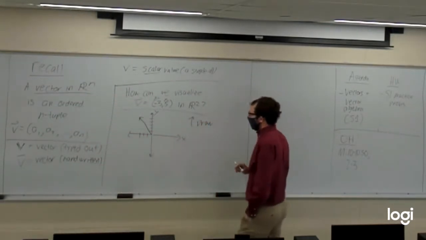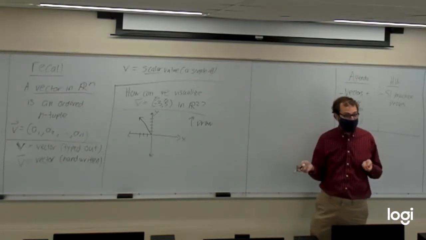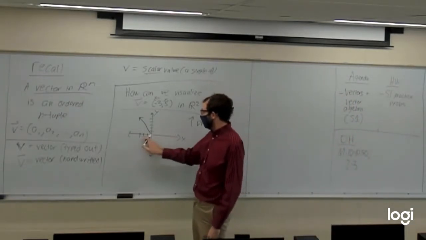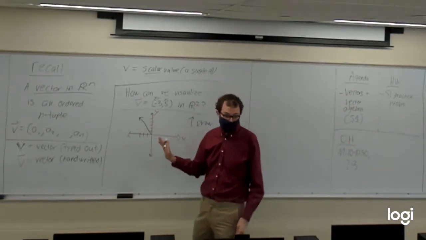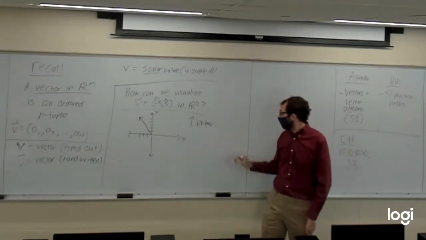So typically, that's our most common way to visualize a vector: by drawing an arrow that represents it. An arrow that points 3 units to the left and 5 units upwards.